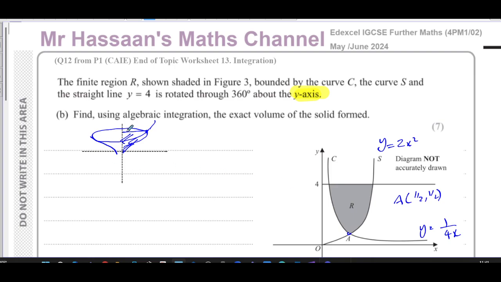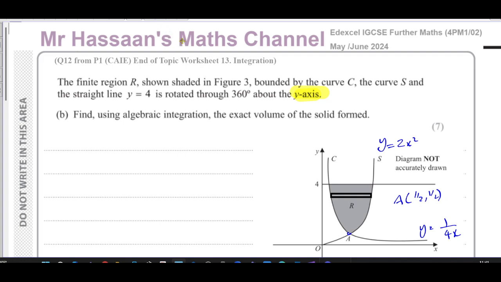So in that case, if it goes all the way up to the axis, what we're going to do is try to figure out how to take this region between those two curves and rotate it about the axis. So what I'm going to do is first imagine that we take just a very tiny little small rectangle worth of this shaded region.